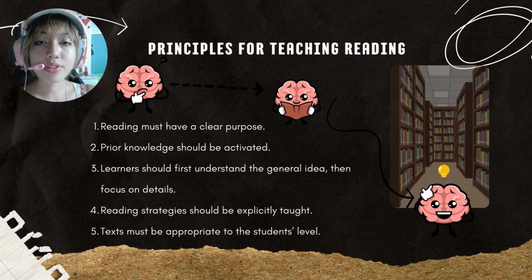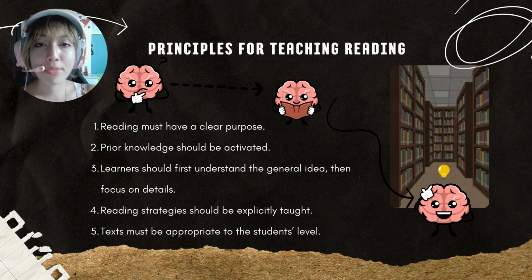Now, principles for teaching reading. Effective reading instruction should follow some important principles. First, reading must always have a clear purpose. Second, teachers should activate students' prior knowledge before reading.